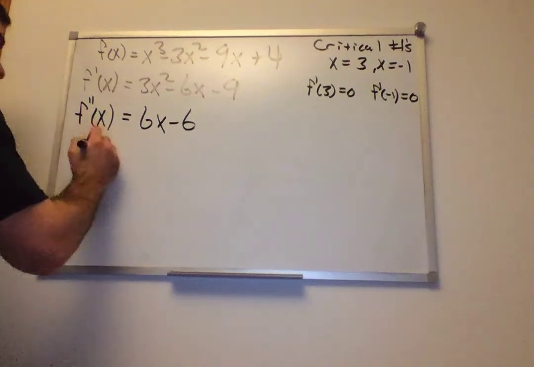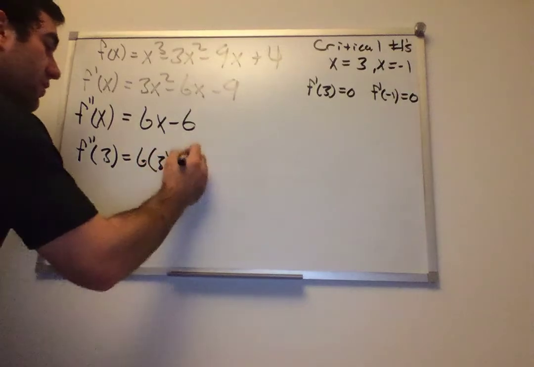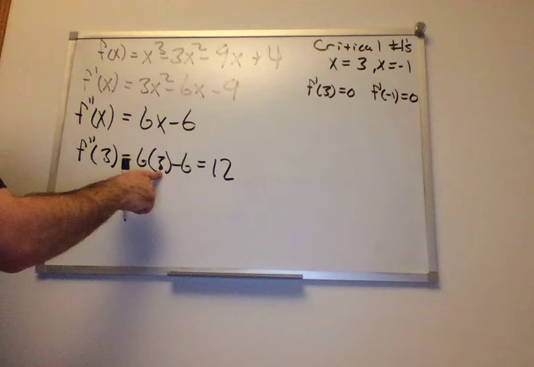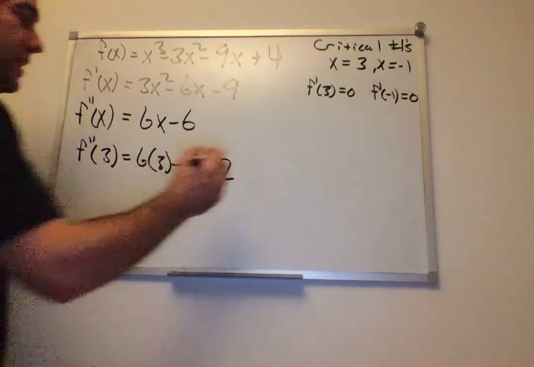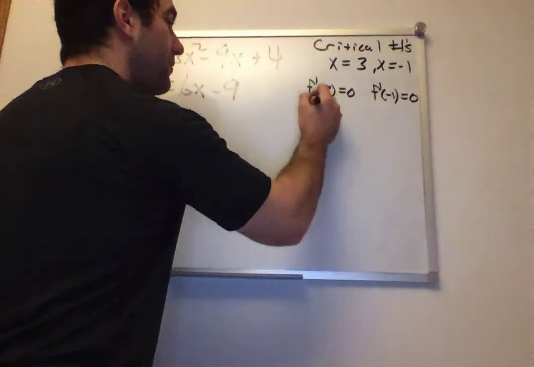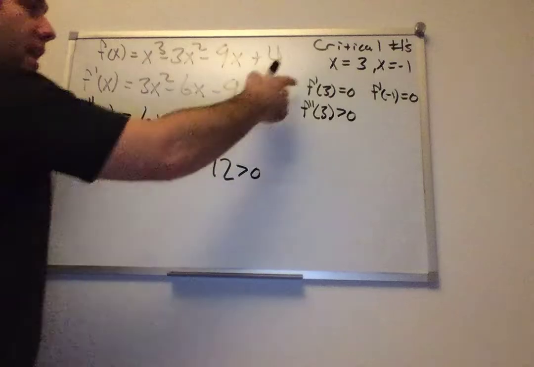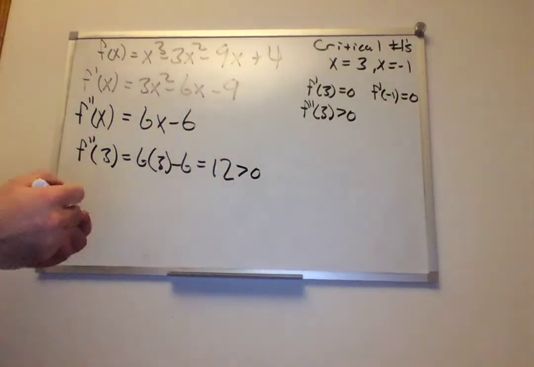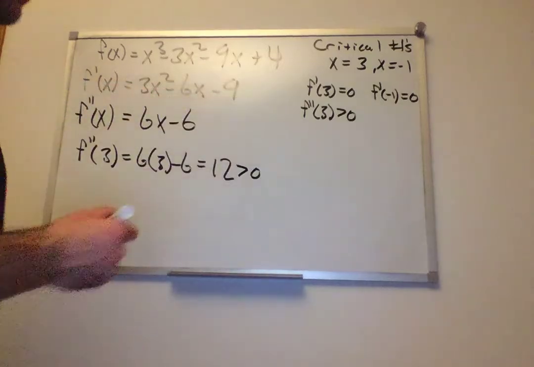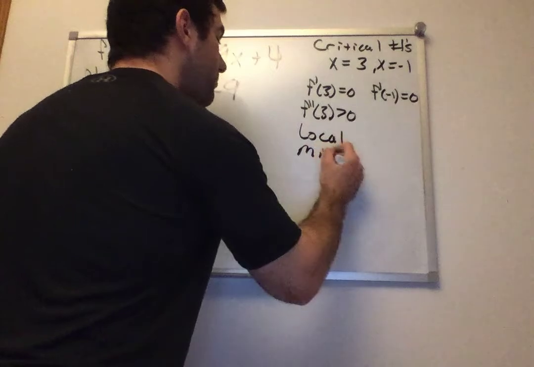Now we just need to evaluate each of these critical numbers. You get 6 times 3 is 18, 18 minus 6 is 12. This is greater than 0. So f double prime of 3 is greater than 0. When the first derivative at the critical number equals 0 and the second derivative is greater than 0, we have a local min.